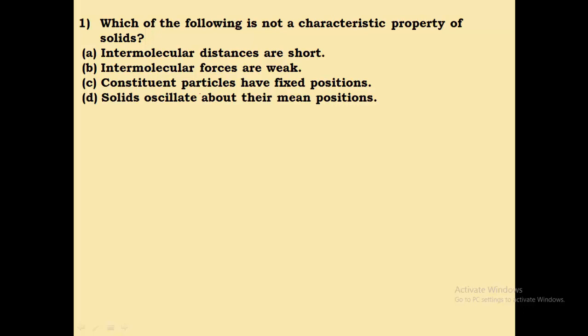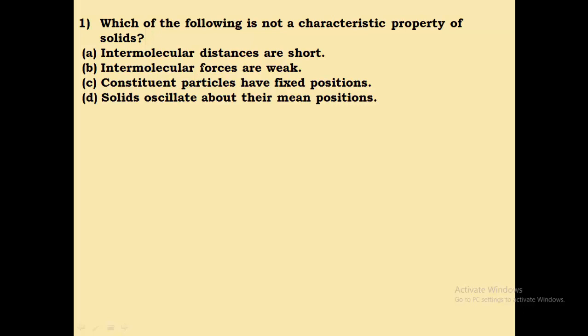If you know the characteristic properties of solids very well, then you can easily answer this question. So what are the characteristic properties of solids? They have definite mass, volume and shape. The intermolecular forces are strong and the intermolecular distances are short. Constituent particles have fixed positions. Solids oscillate about their mean positions.